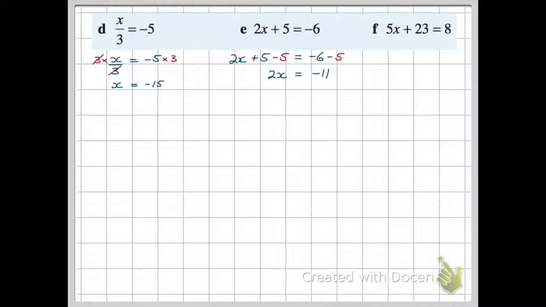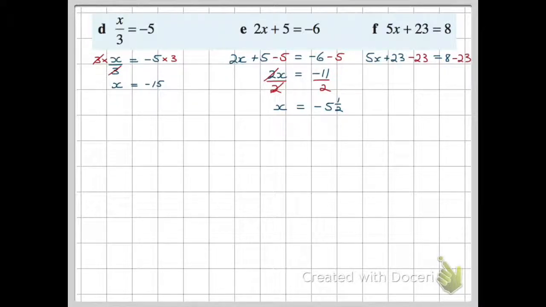We started at negative 6 and we're taking away a number, so the answer becomes more negative. 6 plus 5 is 11, but we've got negative numbers, so the answer is negative 11. Now we need to divide both sides by 2, and the factors of 2 cancel out on the left. X equals negative 11 over 2, or negative 5.5.